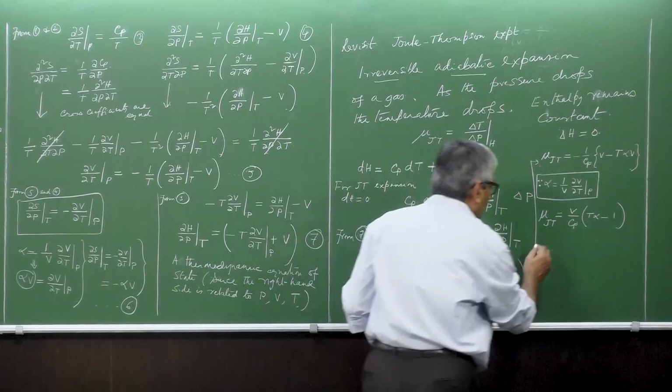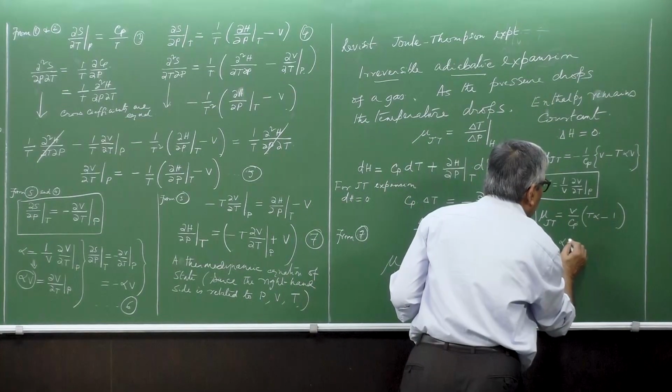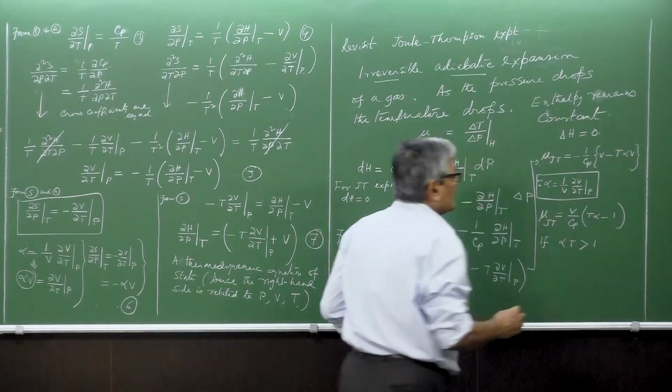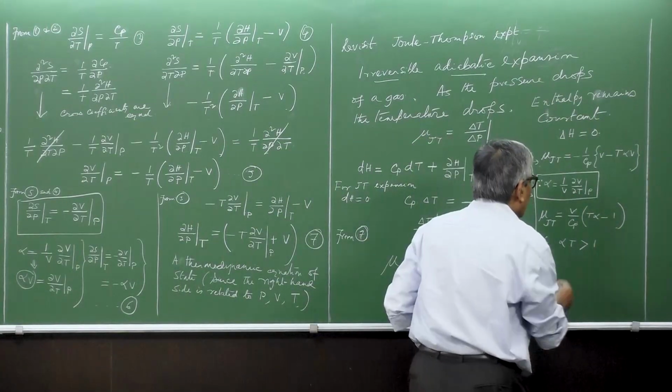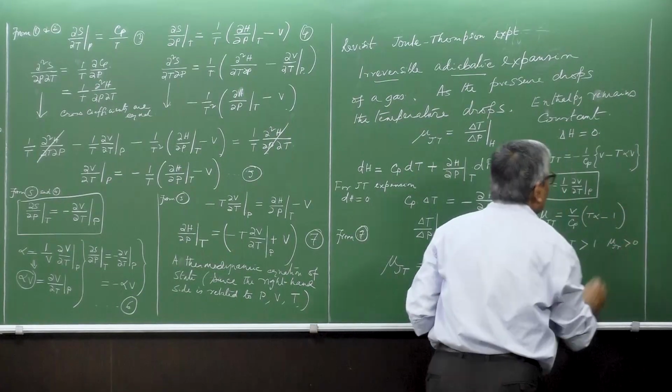If, for example, alpha T is greater than 1, which is for most of the substances, then mu JT is greater than 0, positive.